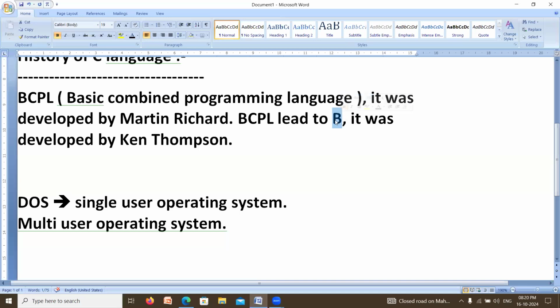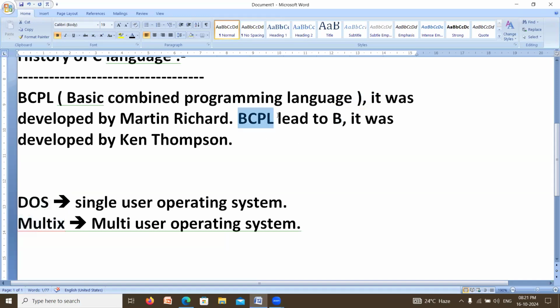It was developed for building a multi-user operating system. By using B language, they successfully developed a multi-user operating system called Multics. Multics is the name of the first multi-user operating system.